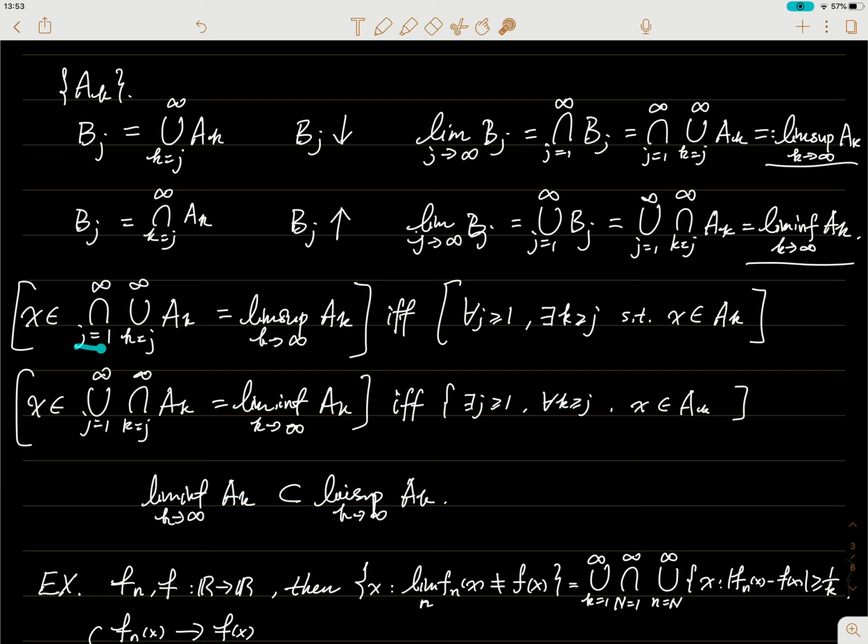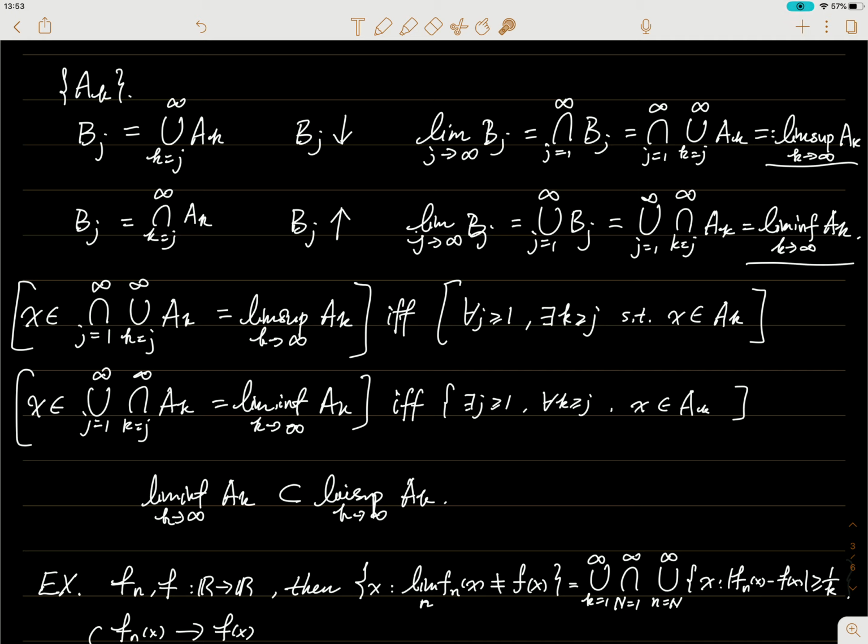So still this is a set, and x belongs to this set means that you see here you have the intersection, which means that the x has to be in all of, if you treat this as the bj, then x belongs to all of those bj's, right? Because this is called bj. So the intersection of that means x belongs to every bj.